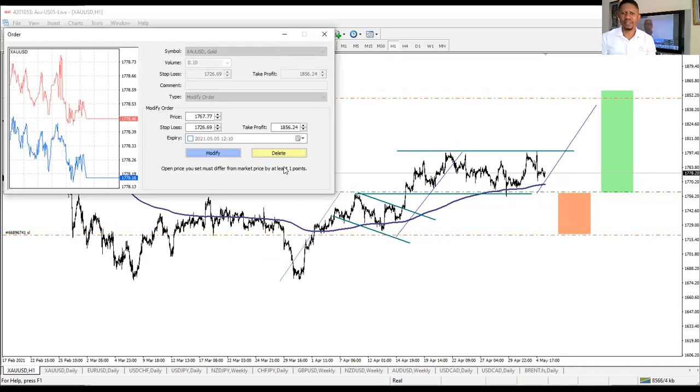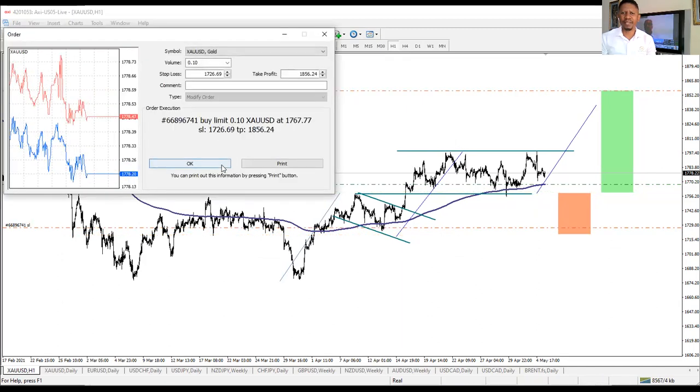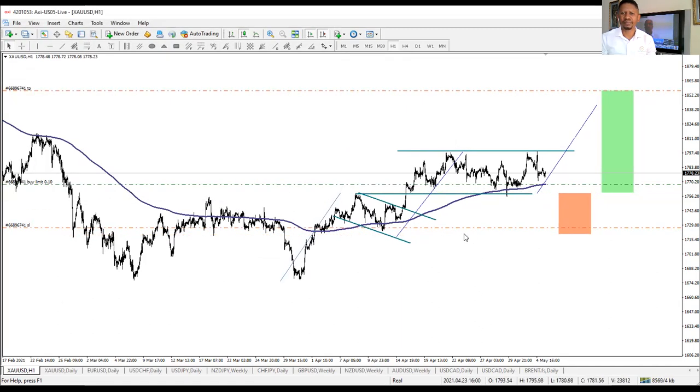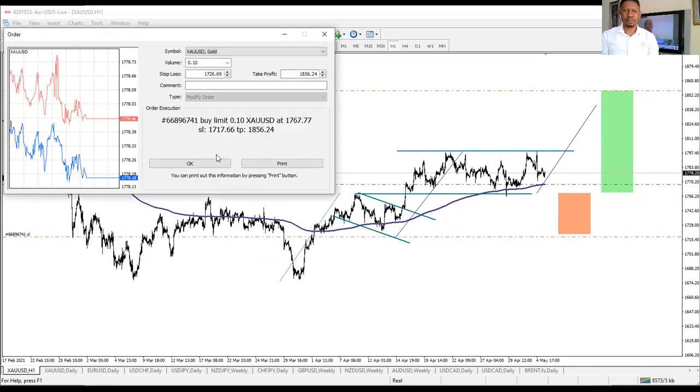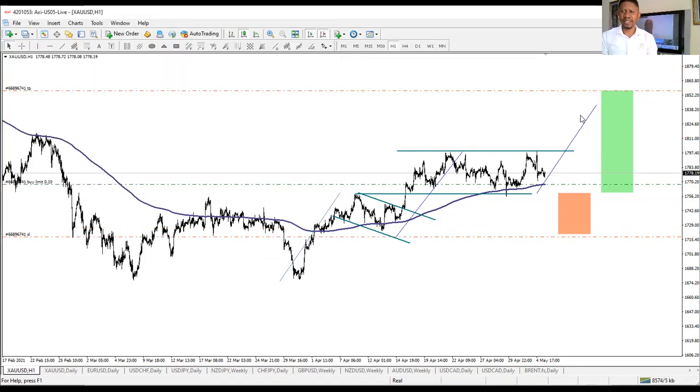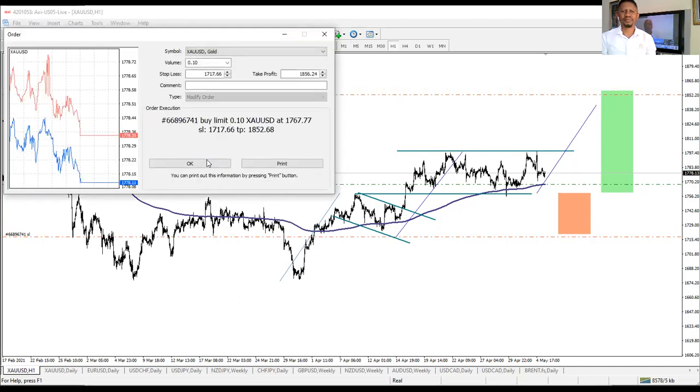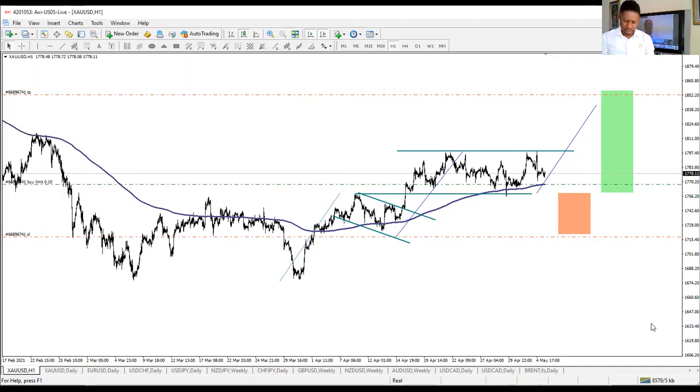Rather, place the buy limit there, and from there the stop loss still needs to be below this point, and the take profit remains the same, around 1850. We don't do anything on that one. That's how it is.